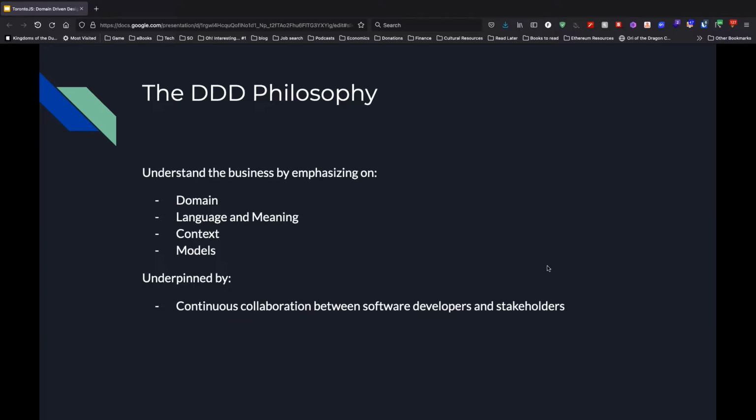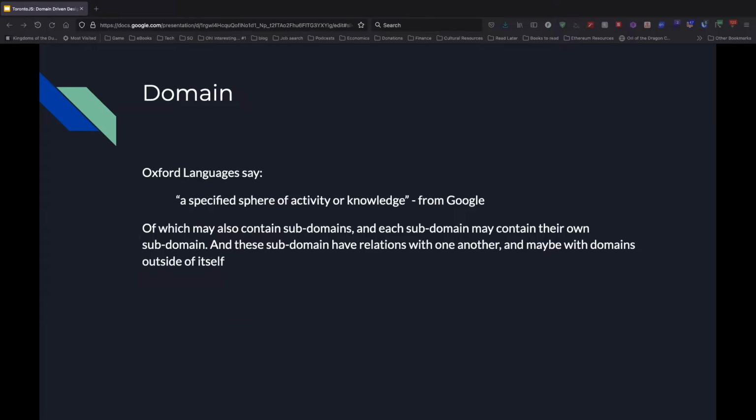So it's really important to understand that domain-driven design emphasizes these 4 philosophies and is underpinned by the assumption that you are in an environment where you can be in continuous collaboration between developers and stakeholders.